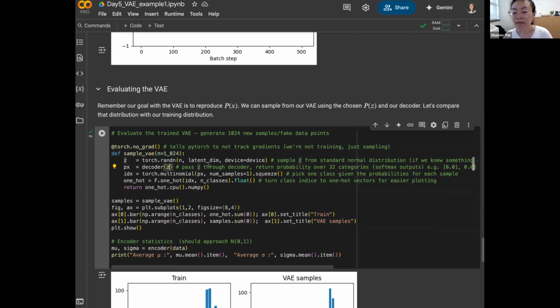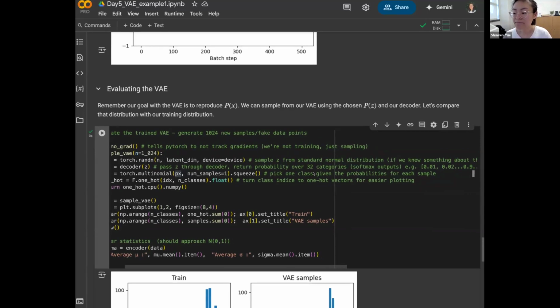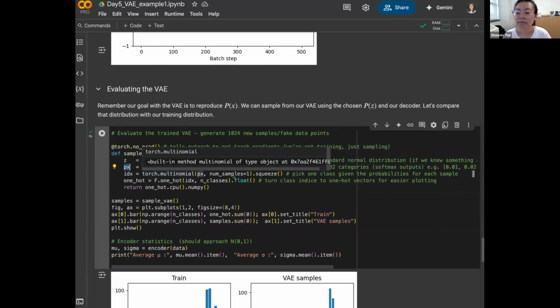That's going to pass through the decoder, and we're going to get a probability. So this PX is a probability over those 32 categories from a softmax. And then we simply take that softmax probability and turn it into what actual singular category, one of those 32 classes, it is going to be.